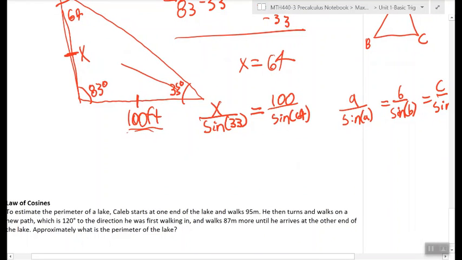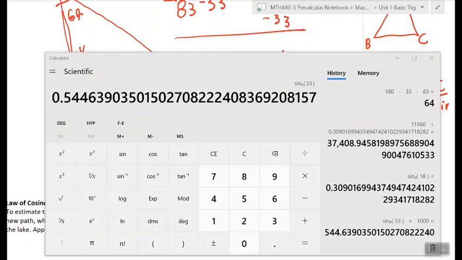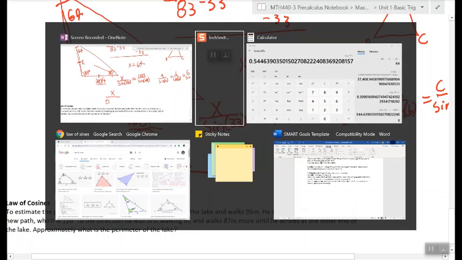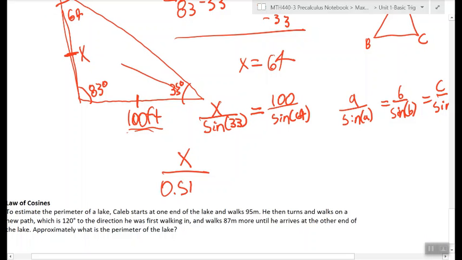So sine 33 is 0.544, so x over 0.544 is equivalent to 100 over sine 64.